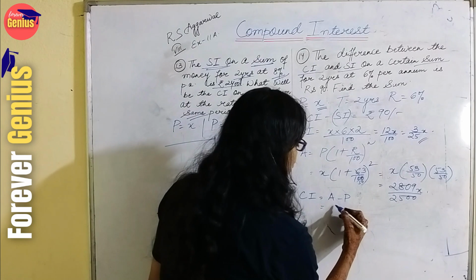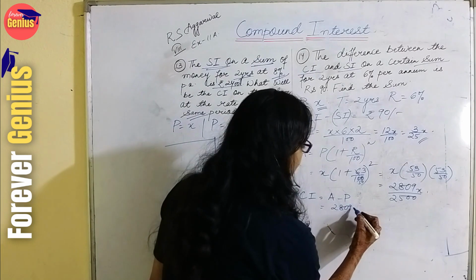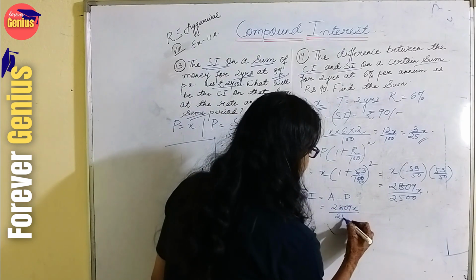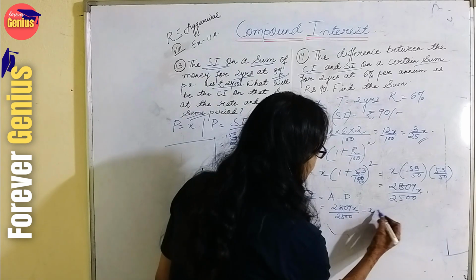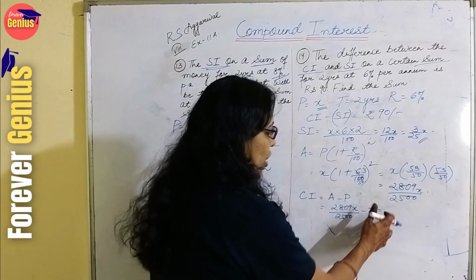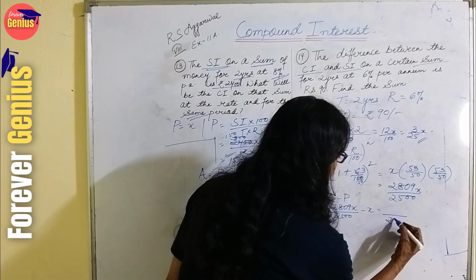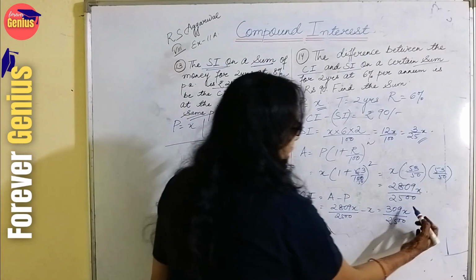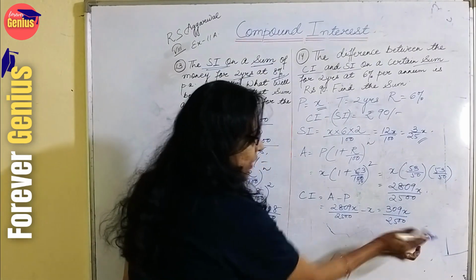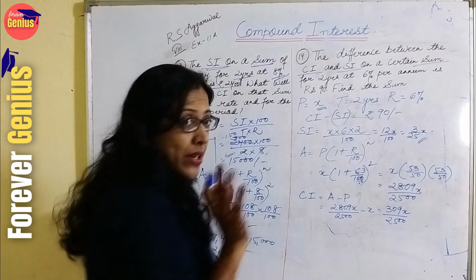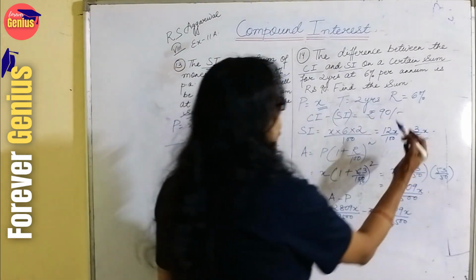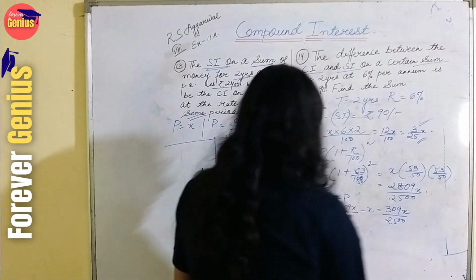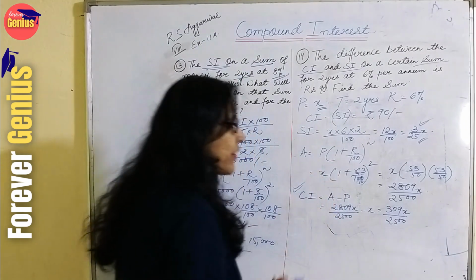So this is equals to 2809x by 2500 minus x. After solving it, we got here 309x by 2500. So now we know this is the simple interest and this is the compound interest.